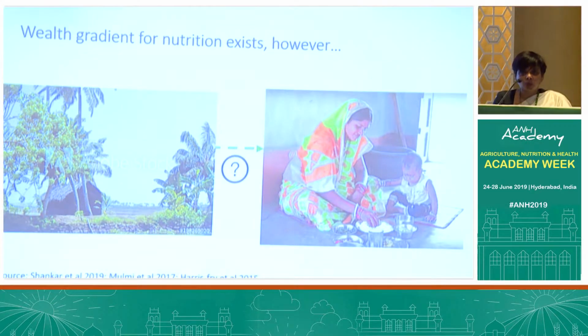However, wealth is measured in different ways in different studies, and recent reviews and studies have shown that the relationship between land size and land holdings and dietary and nutritional outcomes is at best patchy. Even from South Asia, a recent review by Shankar et al. from the LANSA consortium shows very mixed impacts of land holdings on nutritional outcomes.